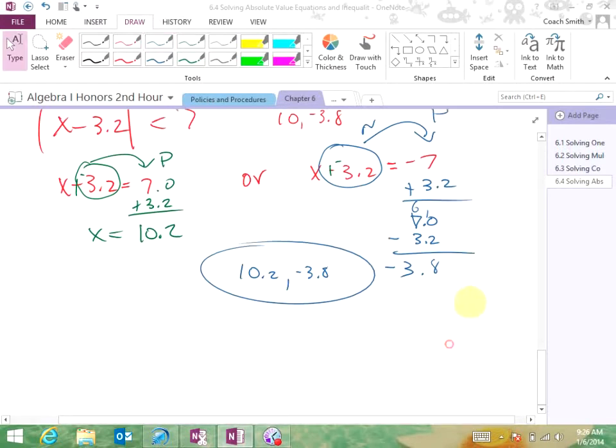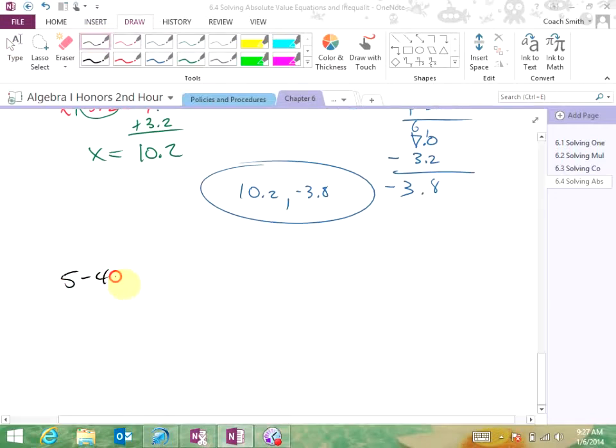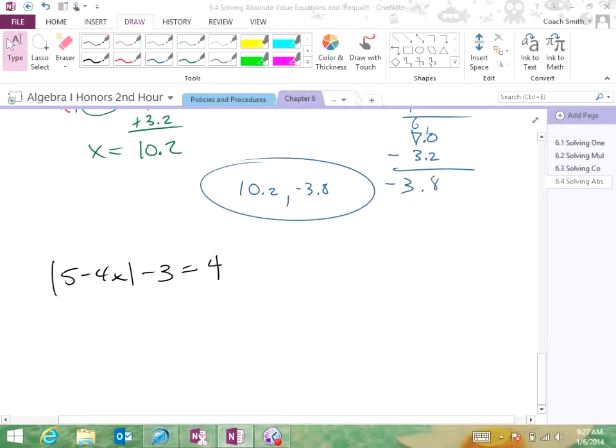All right, now let's look at one that's a little bit different, that poses a little bit of a different problem. The absolute value of 5 minus 4x, minus 3, equals 4. Now, before I can change this absolute value problem where I do the two different problems, I must first simplify that part of it.